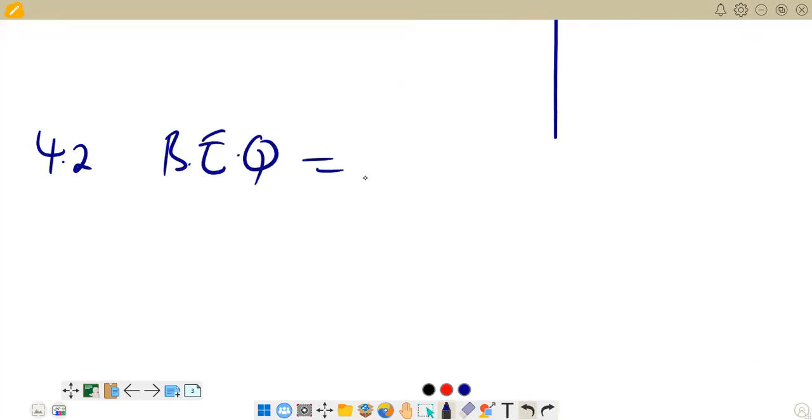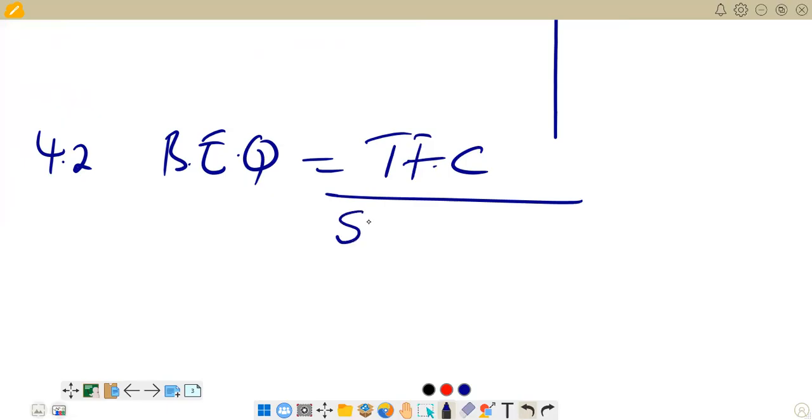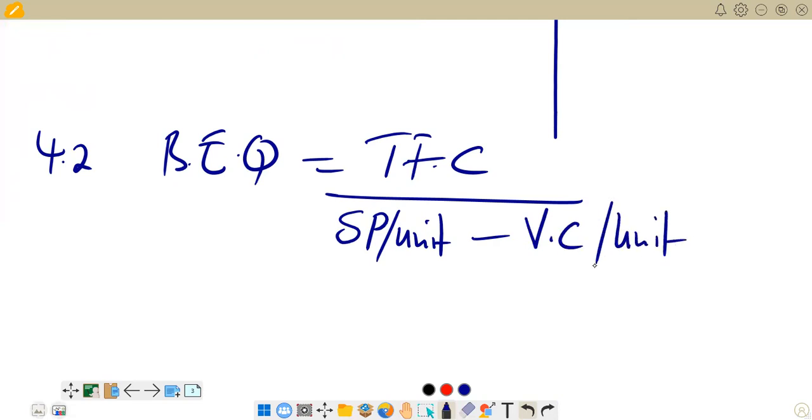So the formula for finding break-even quantity, we say total fixed costs over selling price per unit minus variable costs per unit. So this is the formula that we are going to use. So we check the fixed cost.